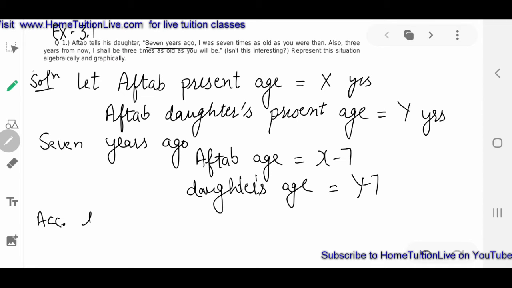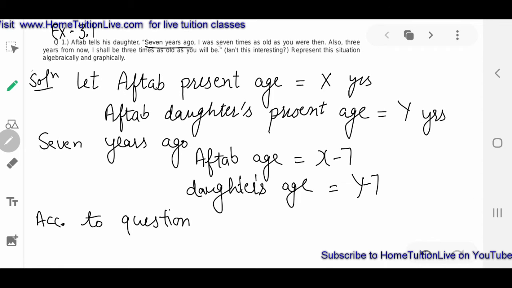Now according to the question, 7 years ago I was 7 times as old as you were then. So 7 years ago he was 7 times her daughter's age.